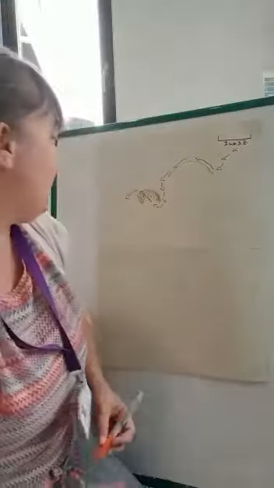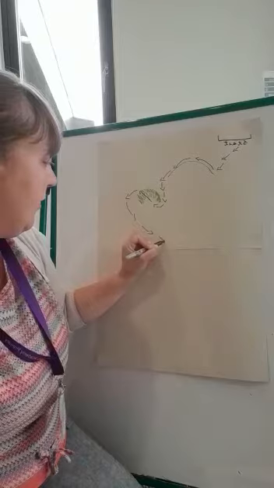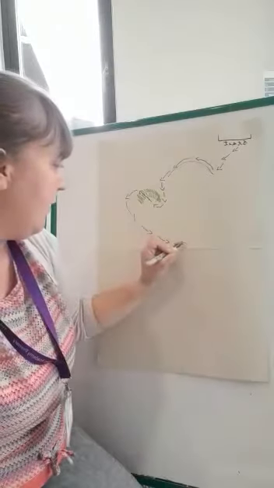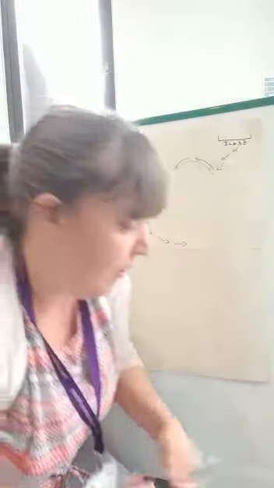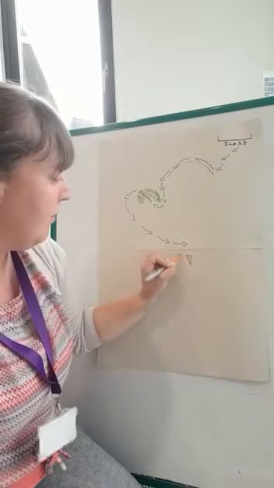Okay, so we need to draw a carrot field. So I think our path can continue. So it can continue like this, so that it goes along the carrot fields. And then these can be our carrots.